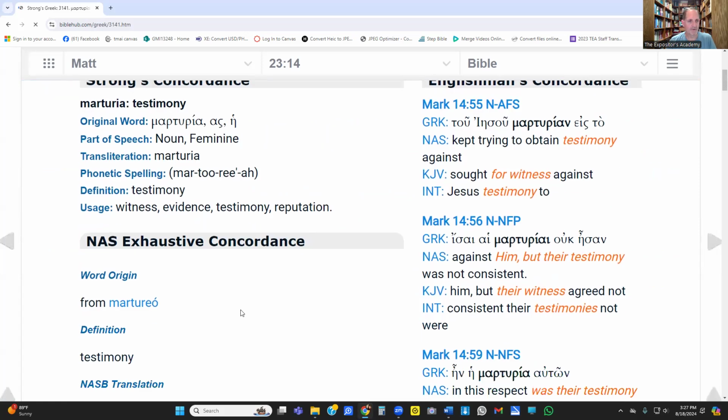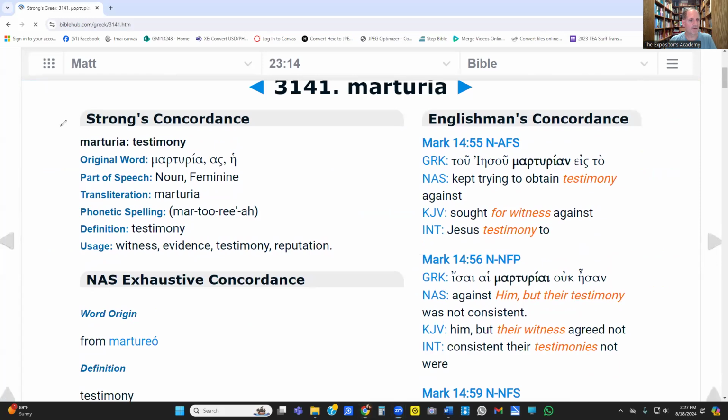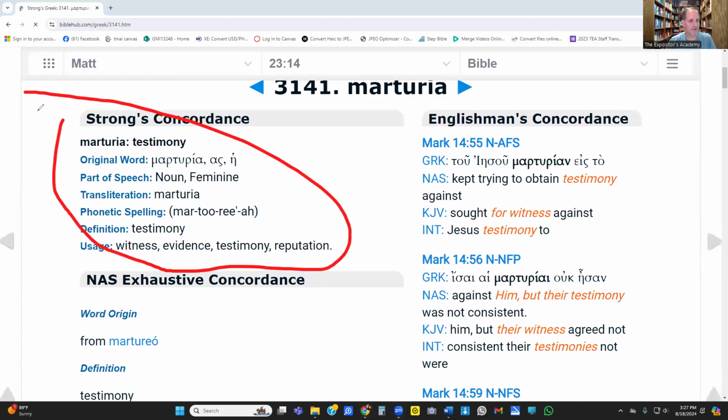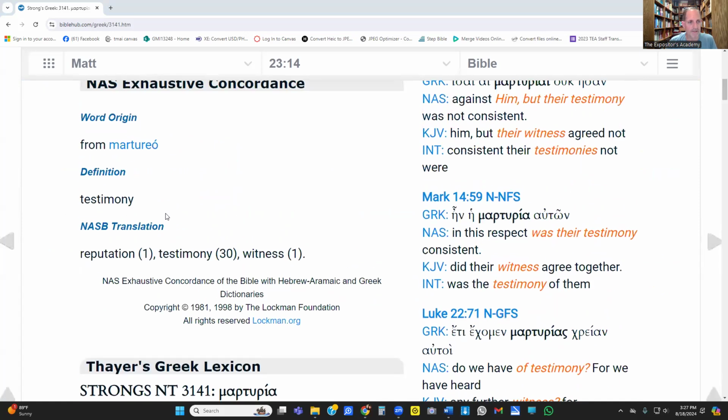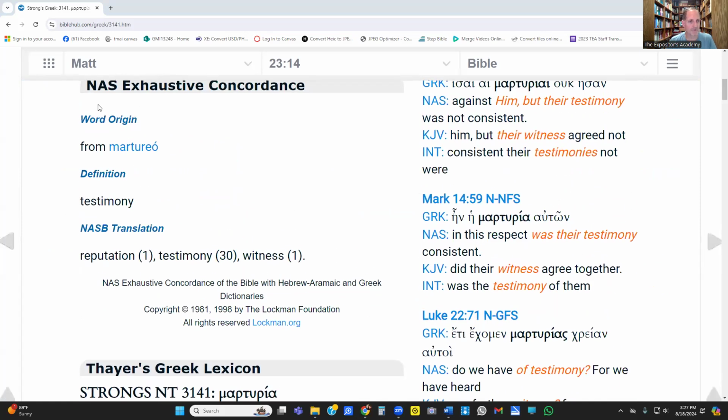In this part, we have some of the basic definitions. Notice testimony, and then how the word is used sometimes. And then we have also the concordance. How is the word translated in the New American Standard? Notice this is a New American Standard exhaustive concordance.